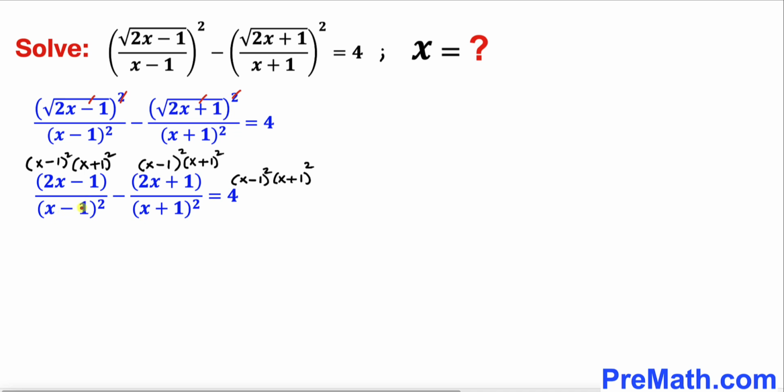And now we can see that this x minus 1 whole square at the denominator cancels out with this x minus 1 whole square. Likewise, this x plus 1 whole square cancels out with this one.